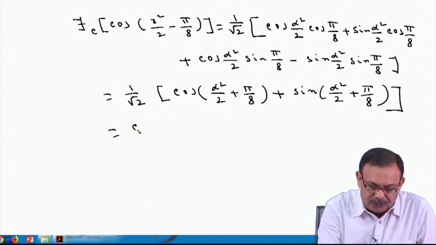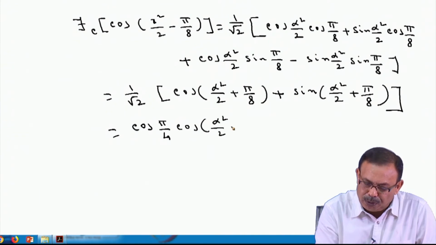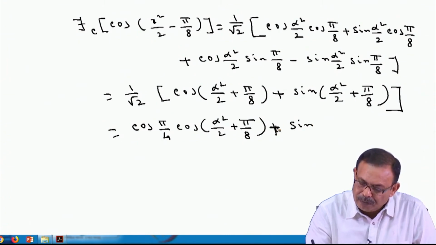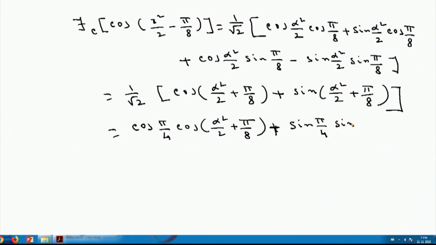So, again this I can write down cos pi by 4 cos of alpha square by 2 plus pi by 8 plus this 1 by root 2, again I can write it as sin pi by 4 into sin of alpha square by 2 plus pi by 8.